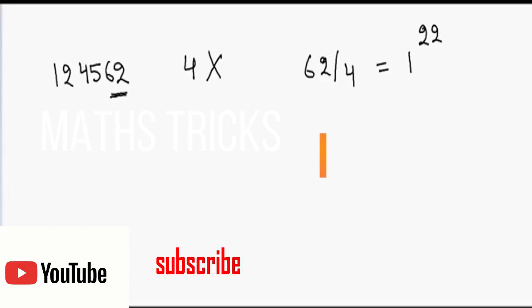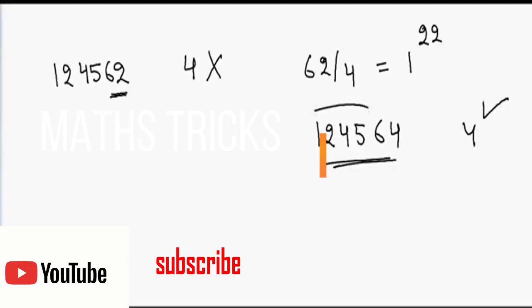So how can I modify this number? If I add 2 more at the end, so I'll make 1 2 4 5 6 and make 4 here, then this number should be evenly divided by 4. And I can modify this number any way. I can write 4 3 2 1 6 4, then again it is divisible by 4.